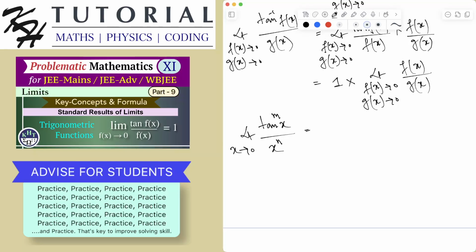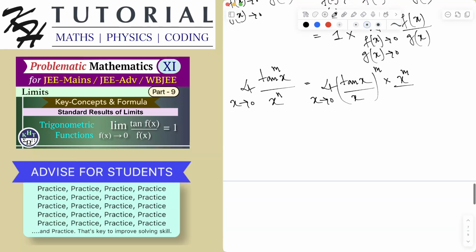So this is equal to the limit x tending to 0 of (tan x by x) whole to the power m multiplied by x to the power m divided by x to the power n. The limiting value of (tan x by x) whole to the power m, where m and n are natural numbers, will become 1.